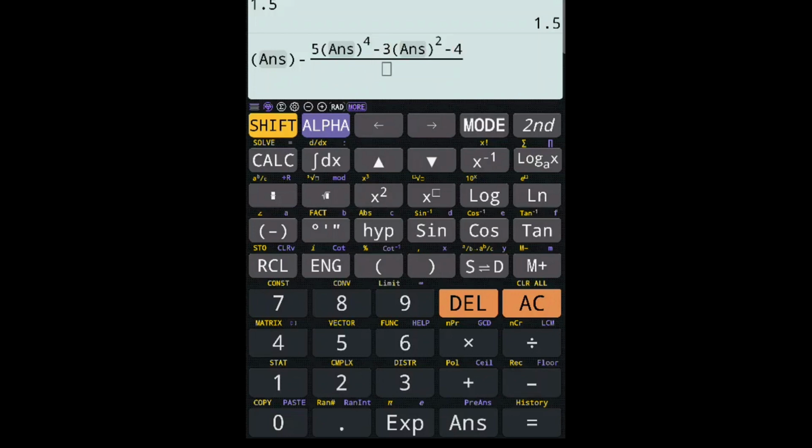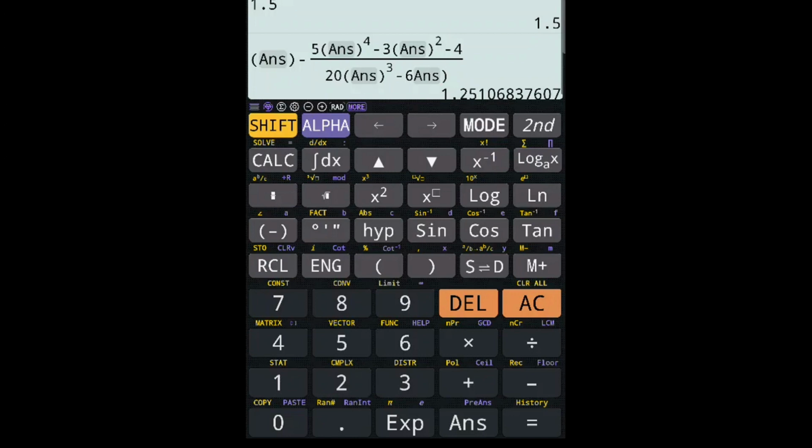I then put in the second derivative: Ans to the power 3, minus 6 times Ans. I plug in what my answer is, and the first iteration I get there is 1,25, whatever that number is.